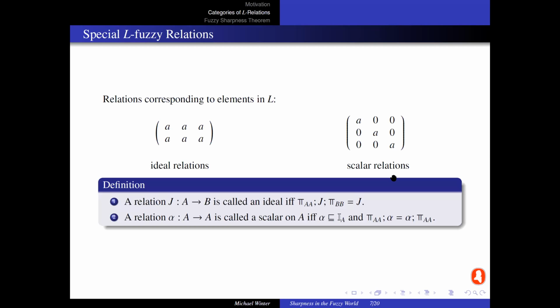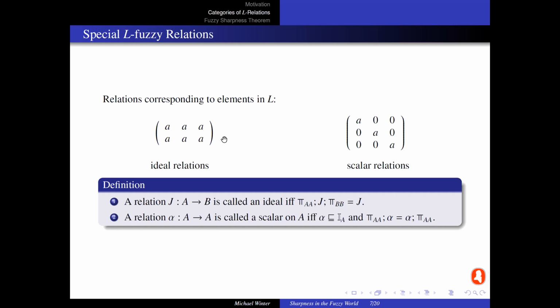And of course, there are abstract definitions which characterize those relations. The point is, in any Dedekind category, you can identify those kinds of relations, and they are in a one-to-one correspondence, so to speak, to the truth values you are actually using in this category in terms of relations.